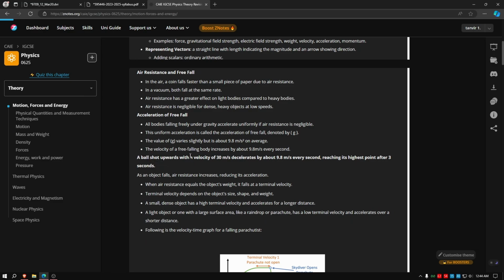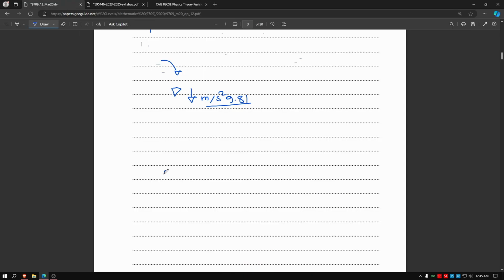A ball shot upwards with a velocity of 30 meters per second decelerates by 9.8 meters per second every second, reaching its highest point after 3 seconds. Let's see this. A ball is shot upwards. When it is moving upwards, gravity will pull it down with 9.8 meters per second squared acceleration.